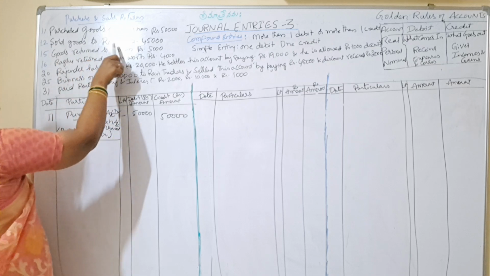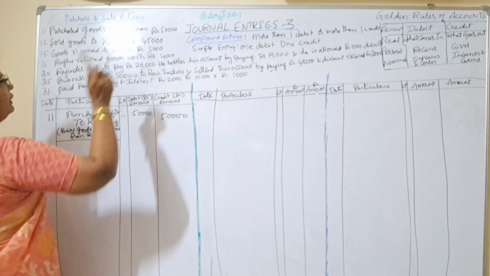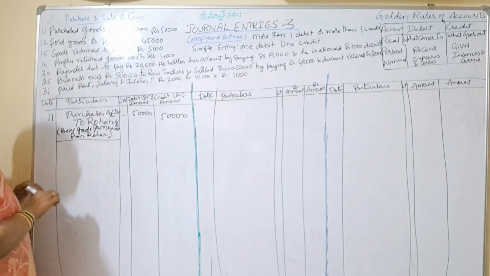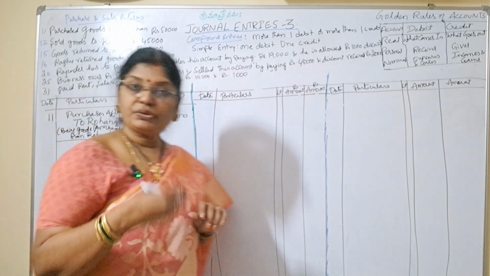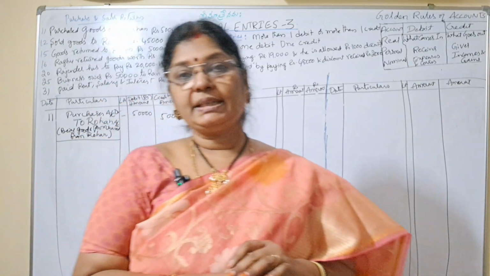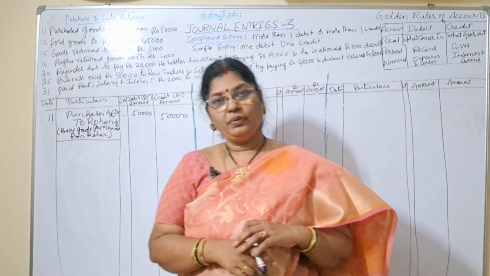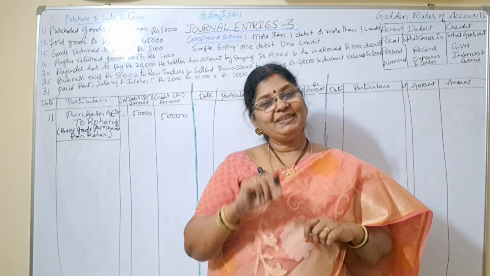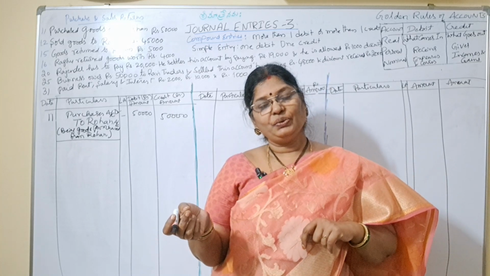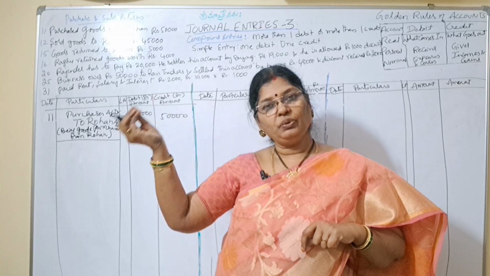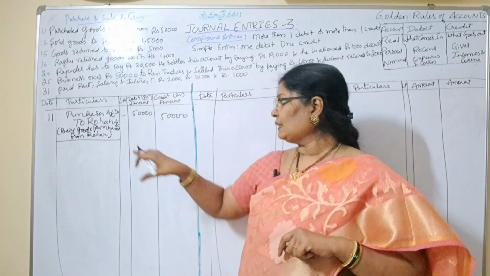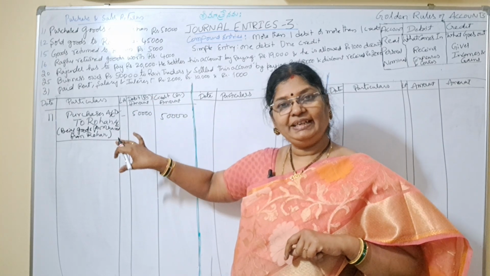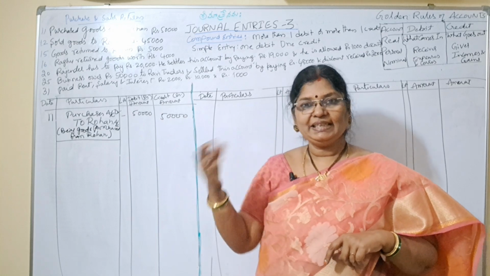On 12th, sold goods to Raghu for rupees 45,000. Since Raghu's name is mentioned, it is also on credit; we gave time to Raghu to pay the amount in future. If it is cash sales, we write cash account debit to sales account.